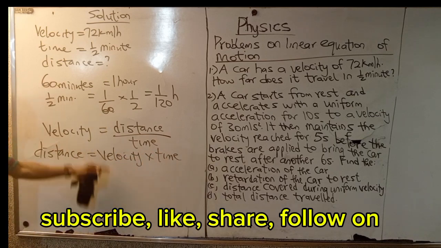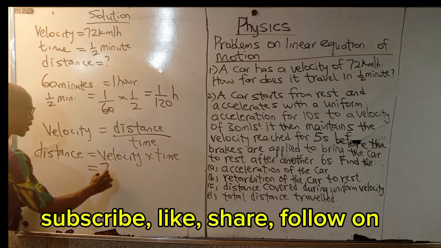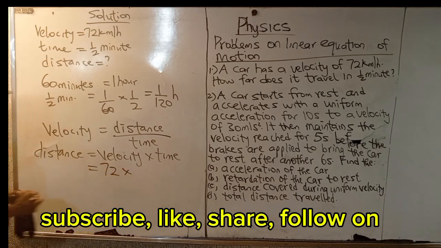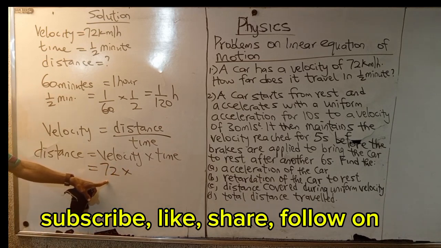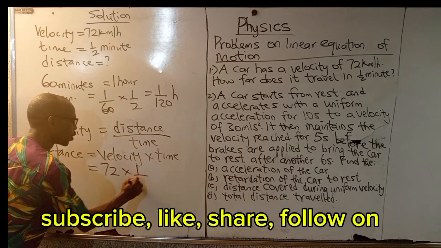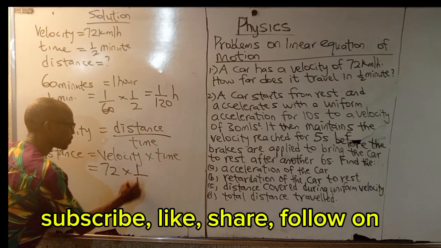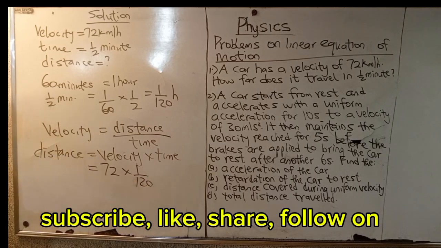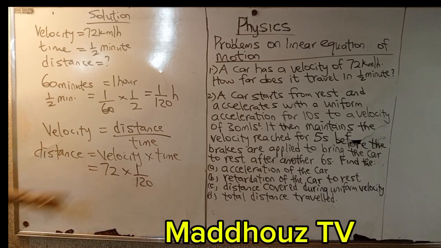So what's our velocity? Our velocity is 72 kilometers per hour. And our time is 1 over 120. So this will give us what?